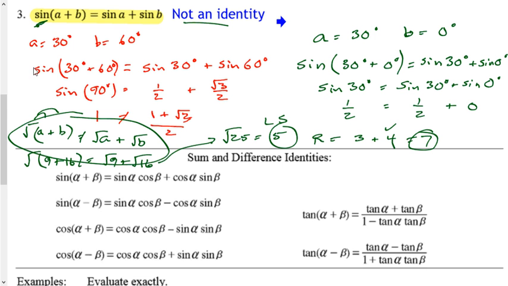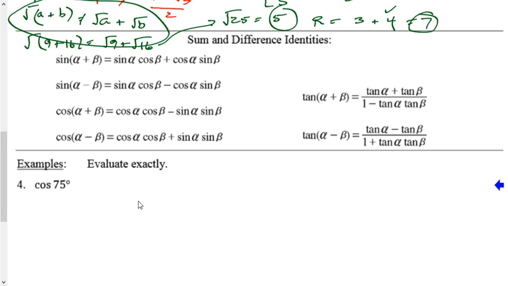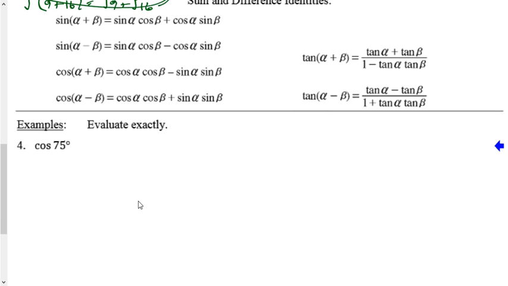So here in the table below, you can see the 6 sum and difference identities. We're not going to prove them, but we'll just show you how we can make use of them. In this first example, number 4, we want to find the cosine of 75 degrees exactly.